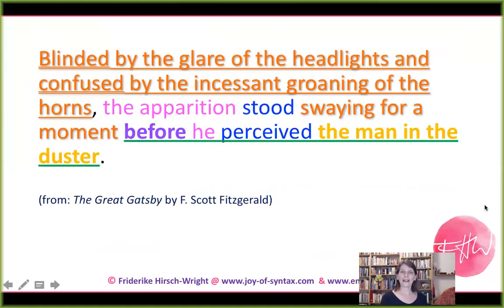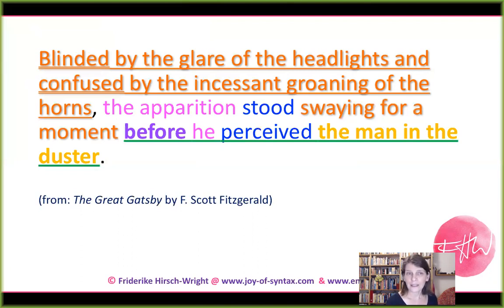Okay, here now is a great example of a participle construction. It's taken from The Great Gatsby, the very well-known, famous novel by F. Scott Fitzgerald. "Blinded by the glare of the headlights and confused by the incessant groaning of the horns, the apparition stood swaying for a moment before he perceived the man in the duster."